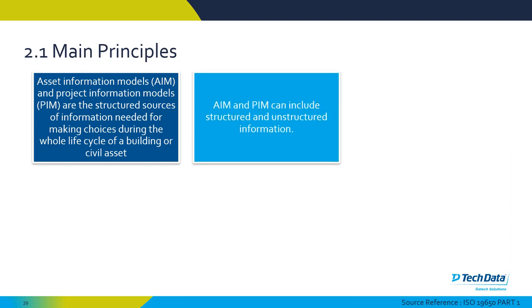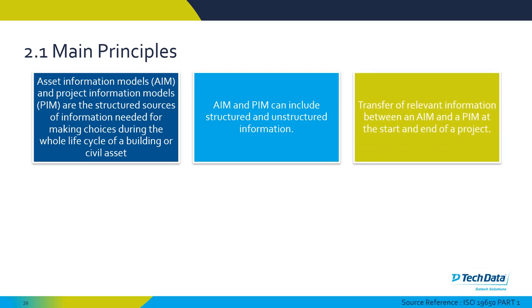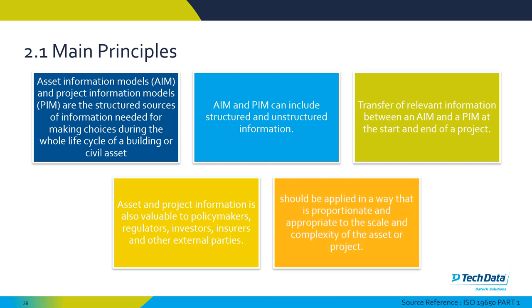The AIM and PIM can include structured and unstructured information, and the transfer of the relevant information from an asset information model and a project information model at the start and end of a project needs to be considered. And asset and project information is also valuable to policymakers, regulators, even company investors or property developers or insurers and other external parties as well.